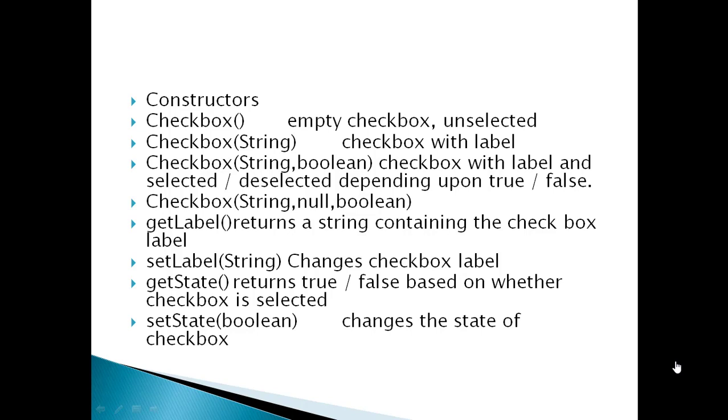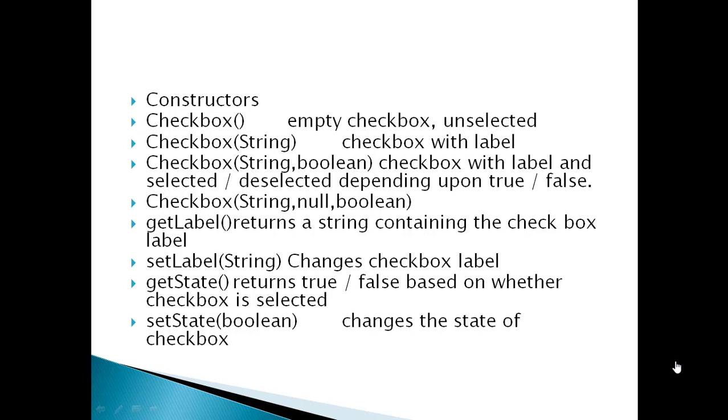Next constructor is Checkbox(String, boolean), which creates a checkbox with a label that is selected or deselected depending upon the true or false value. Boolean means we are providing a true or false value.